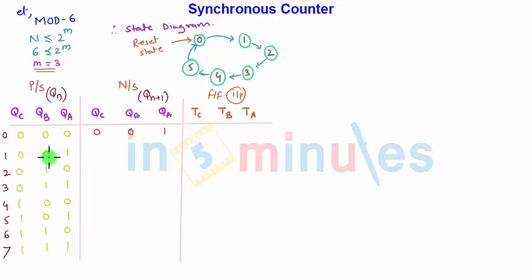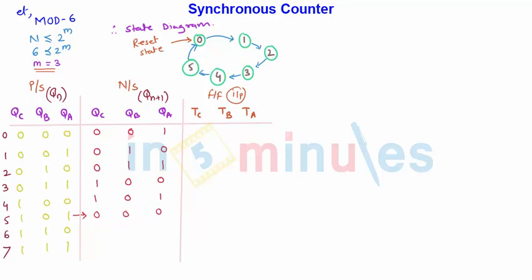For present state 1, the next state is 2, so I write the bit combination for 2. 2 will go to 3, 3 will go to 4, 4 will go to 5, and here is a very important state, state number 5. 5 will go to state number 0.